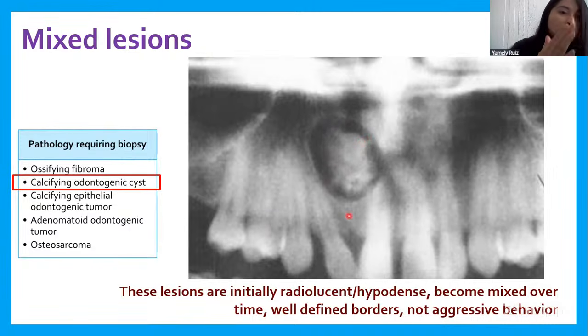However, in contrast to ossifying fibroma, this calcifying odontogenic cyst has well-defined borders and does not have aggressive behavior. This is a very benign entity that sometimes could cause displacement of the tooth, but it is not associated with root resorption or bone perforation; it has a very benign behavior.